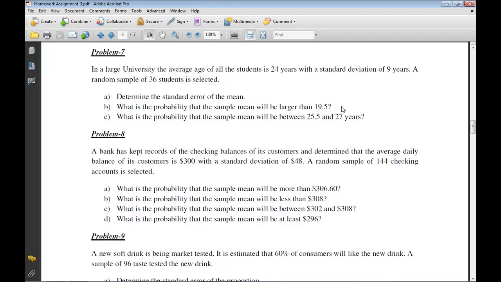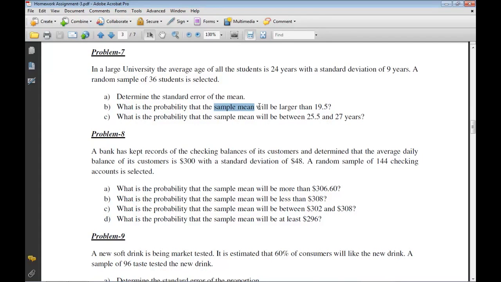Now, compared to calculations that we did for normal distribution earlier, please note that here it says sample mean. What is the probability that the sample mean? They are not saying what is the probability that the student age will be more than a given number.